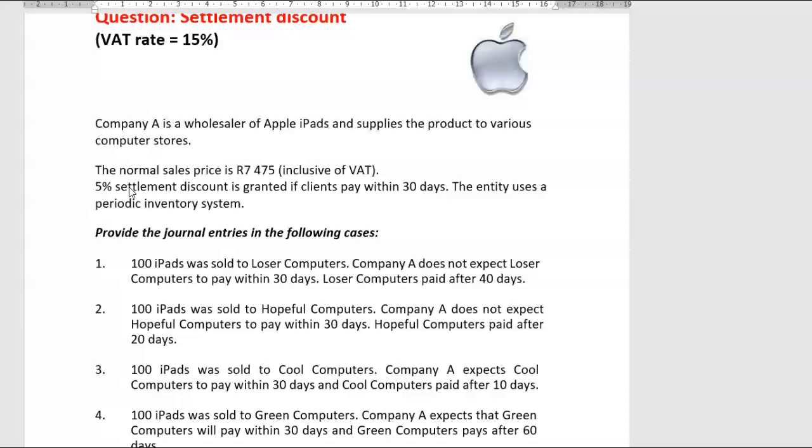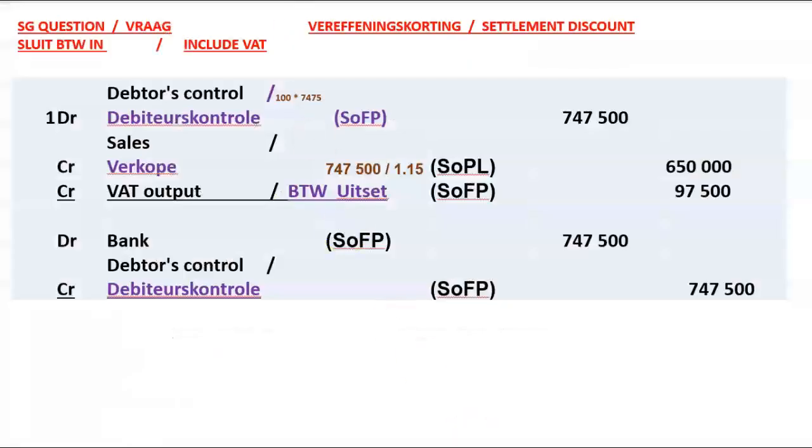So let's read it again. 100 iPads were sold to Loser Computers. Company A does not expect Loser Computers to pay within the 30 days. So there's no expectation. That means I'm going to record the sales transaction the way that I always did. It's 100 computers multiplied by the selling price per computer of 7,475.